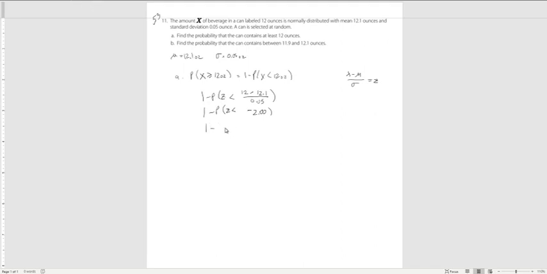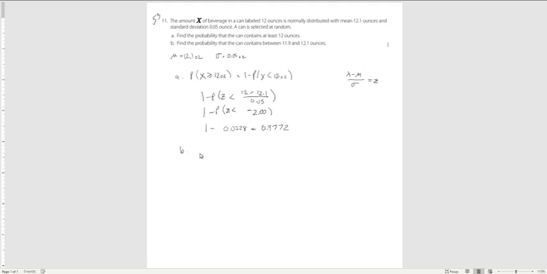Okay, so z less than minus 2.00, I looked that up in the table. Row minus 2.0, column 0.00, this is going to be 0.0228. I'm going to subtract that, I get 0.9772. Alright, so the probability that the can contains at least 12 ounces is 97.7%, essentially.